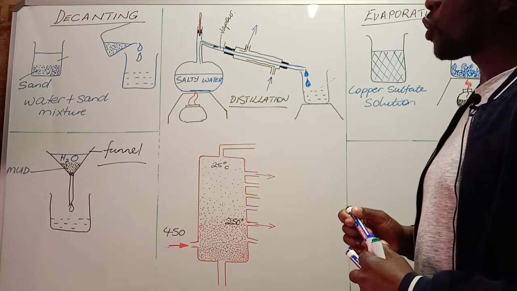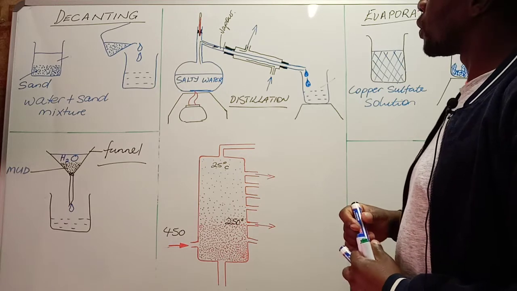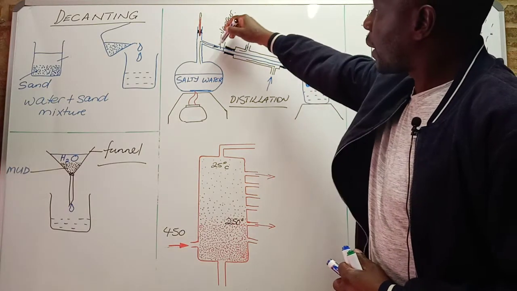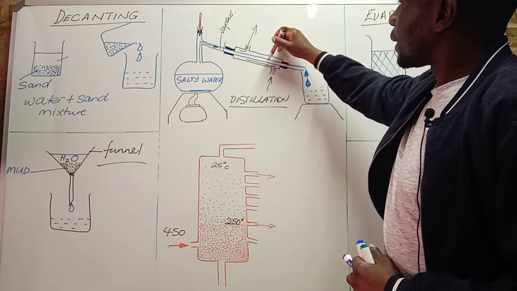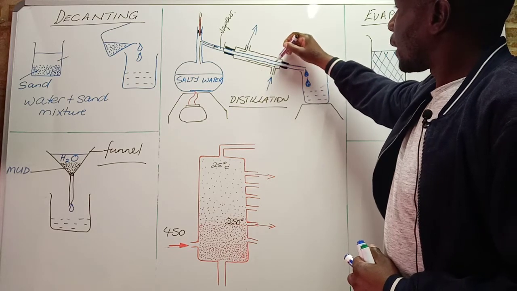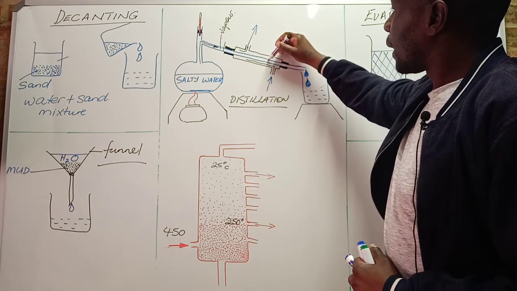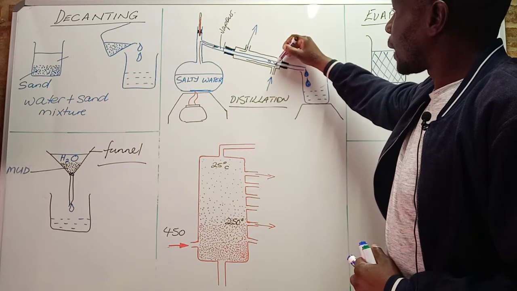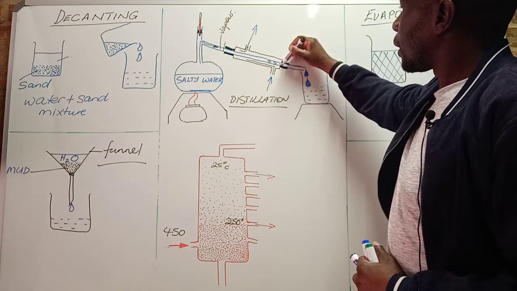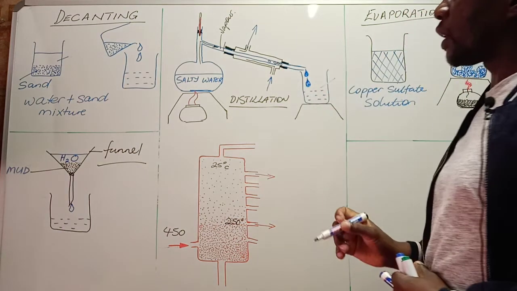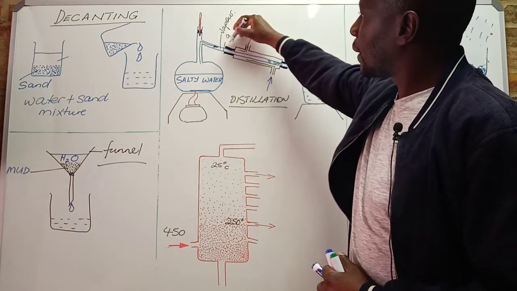So this cold water will cause the vapor to condense, and it is in here that it starts to be liquid from a gas state.